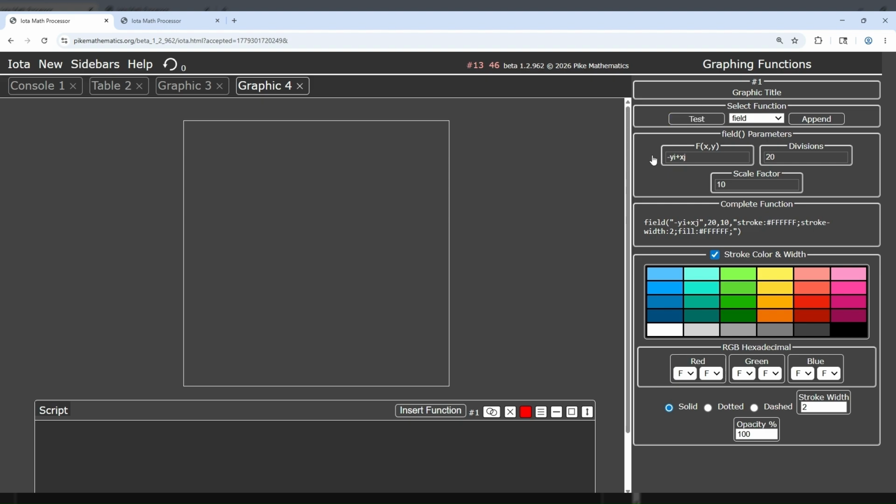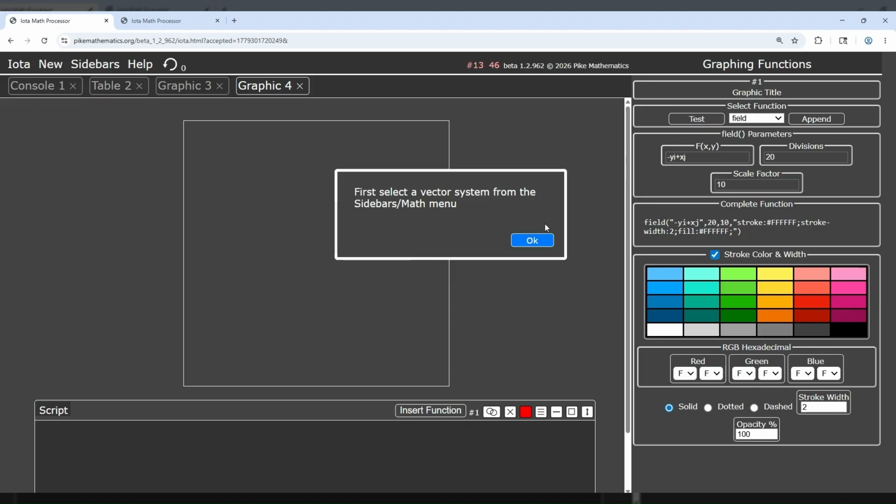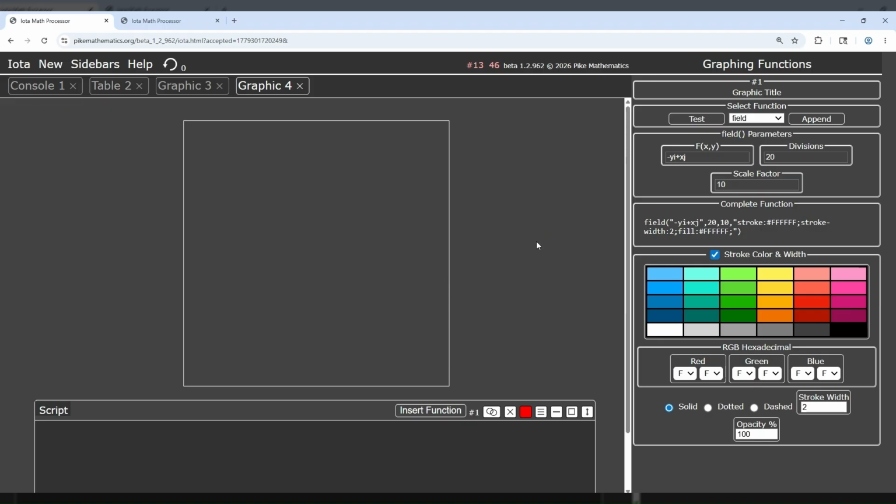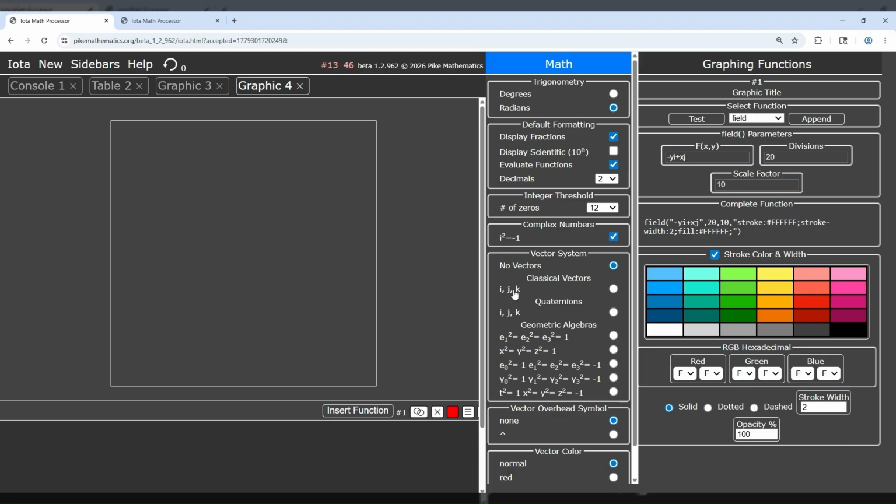So let's just take a look at this one where it's negative yi plus xj. Let's see what it looks like. Oop, look, I made an error. This is telling me I forgot to tell the system that we're working in vectors. So again, I pull up this math settings, and click classic vectors, so it starts to think in IJK unit vectors.